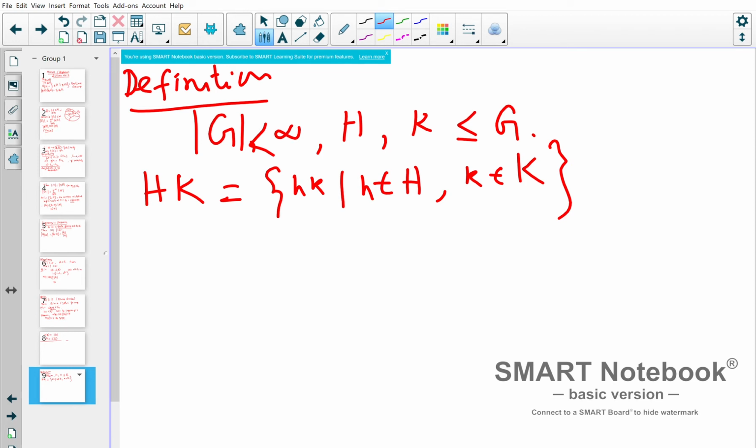So you ask the question, how big is HK? What is the number of elements inside HK? How many such elements are there? So let us discuss.